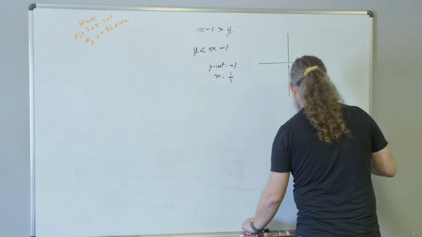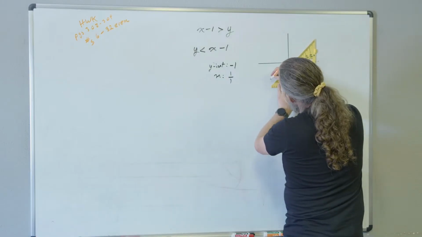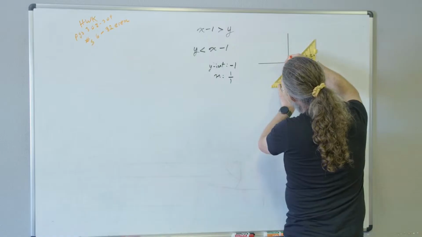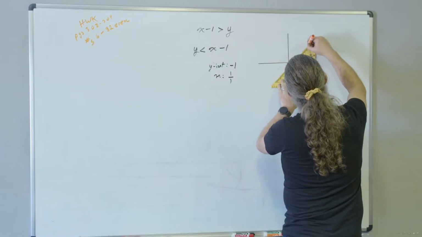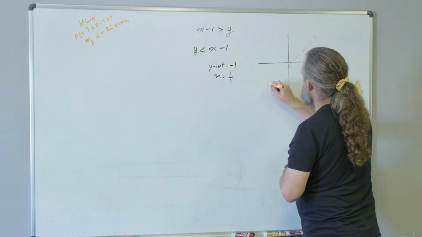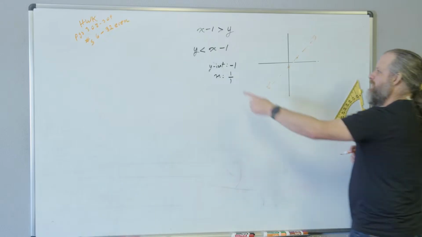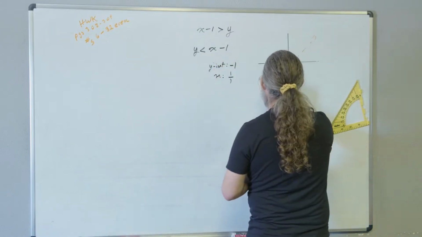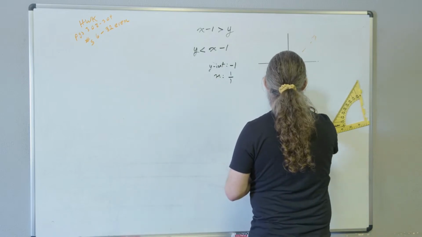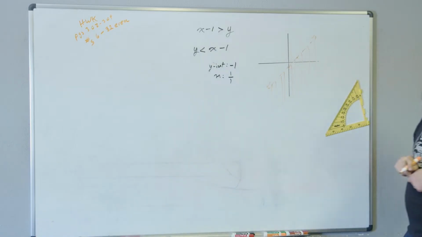Dotted line. And then what are we going to do? Not above. Below. Y is less than. Shade below. Okay.